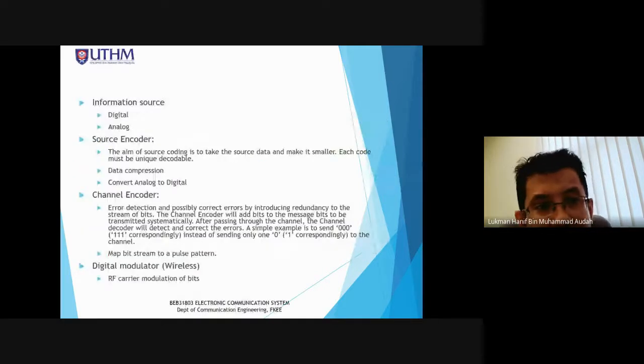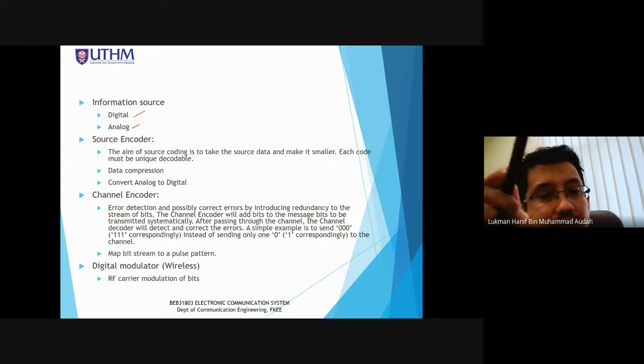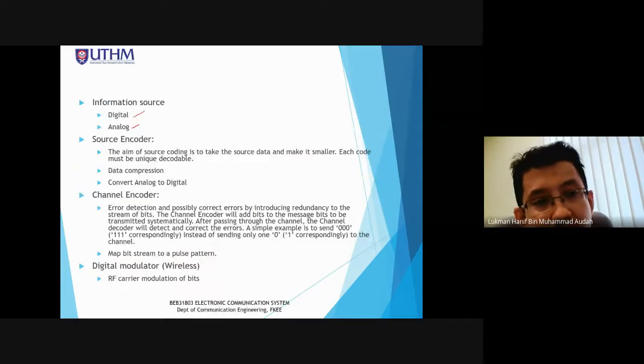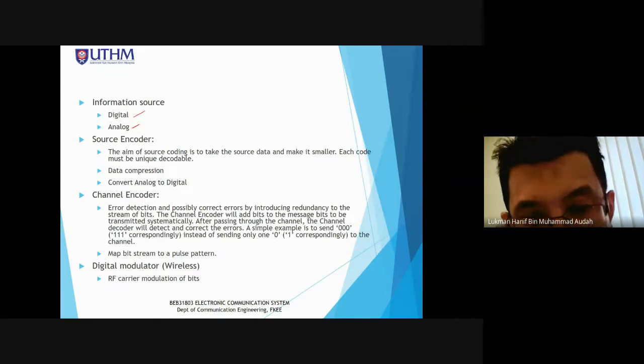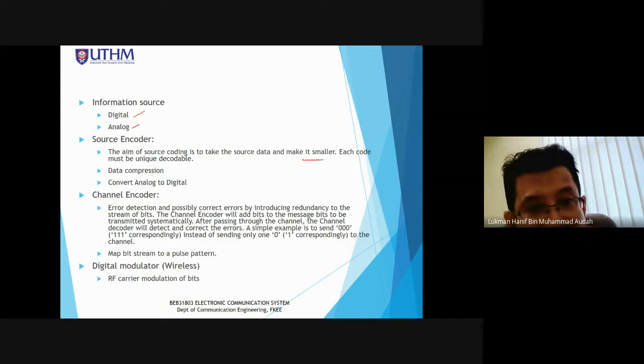So apa yang berlaku sebenarnya? So information source can be analog or can be digital. Okay. So there's the beauty of digital, mana kita boleh ada analog ataupun digital. Source encoder, the aim of source encoding is to take the source data and make it smaller. Okay, make it smaller. Each code must be unique and decodable.